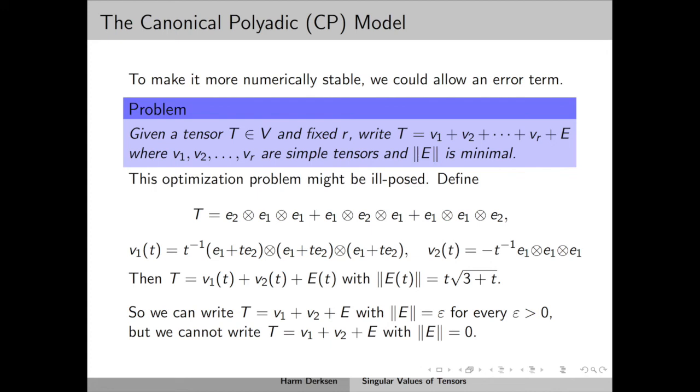That means this tensor can be approximated by rank 2 tensors, and you can get arbitrarily close. However, this tensor itself is not rank 2, so you cannot write it as a sum of two simple tensors. That means there's not really a best rank 2 approximation of this tensor t. So that's a thing that's not so nice.